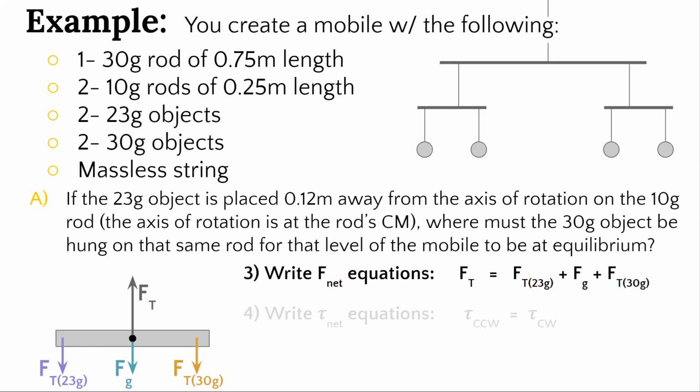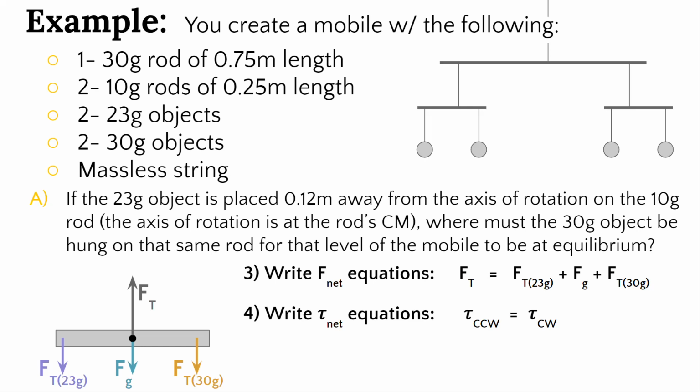Okay, so next step is to write our net torque equations. Remember, if it's at the axis of rotation, it doesn't cause a torque. So there are only 2 forces here that are not at the axis of rotation. We're going to set those equal to each other because one of them is counterclockwise and one of them is clockwise.